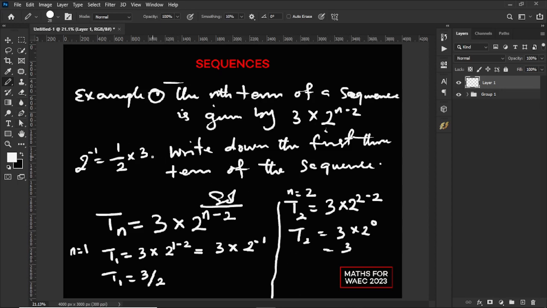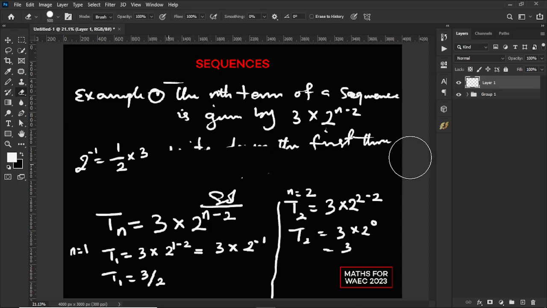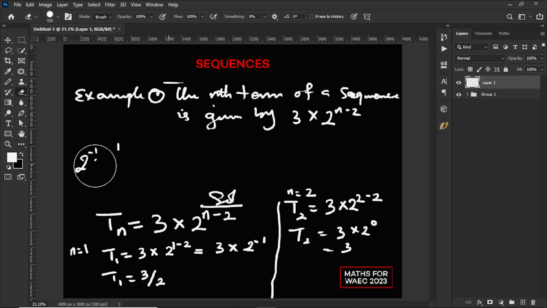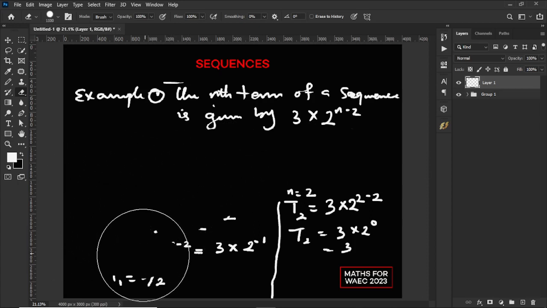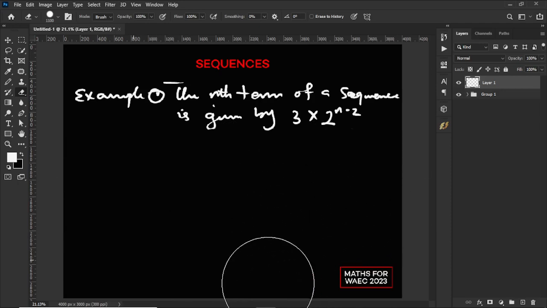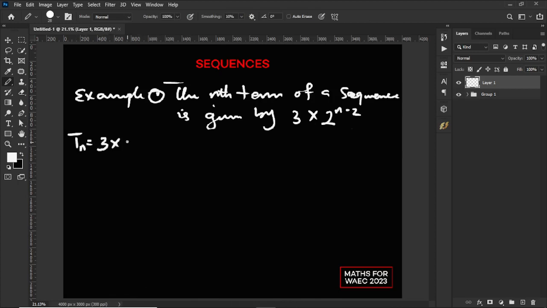Let's clean some space. Let me just rub this up and have the question solved appropriately. We have that Tn is equal to 3 times 2 to the power of n minus 2.